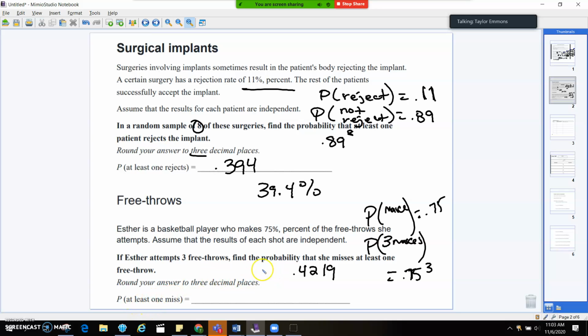So that's going to be 1 minus that 0.4219. So when we do that, that's going to be 0.578. Okay, so this one's worded a little differently because they tell us how many she makes, right?